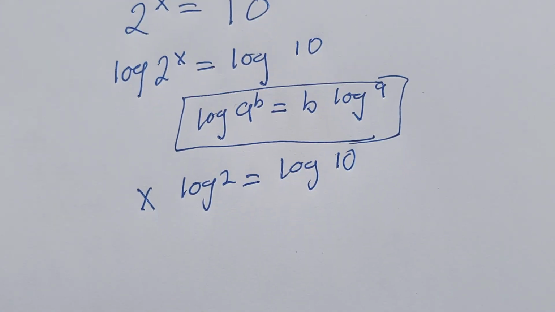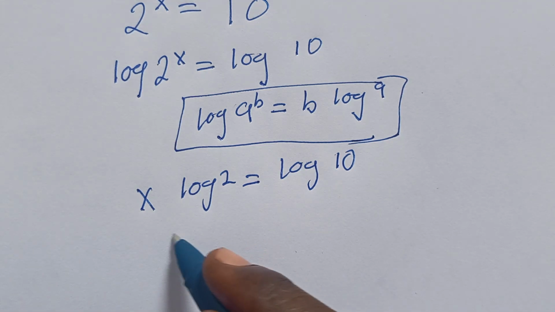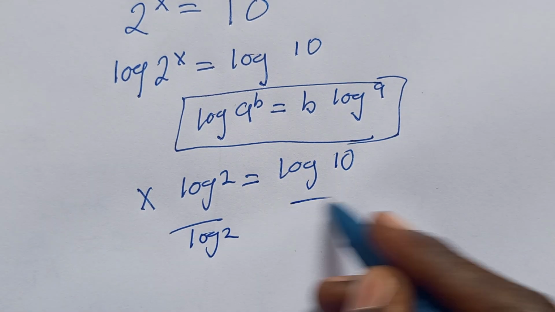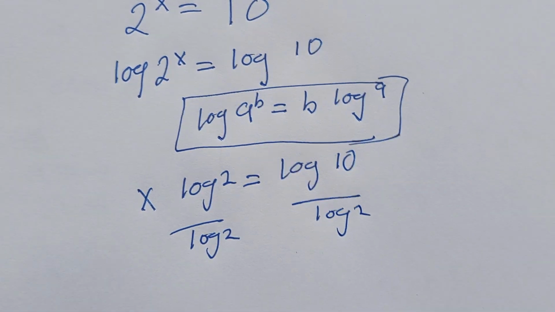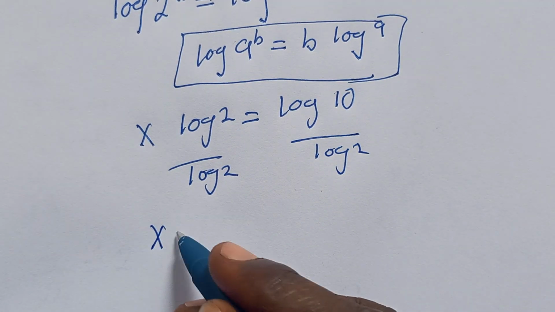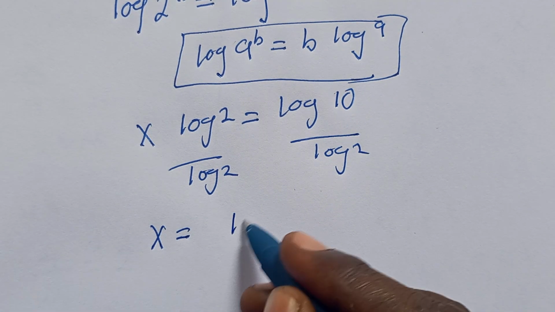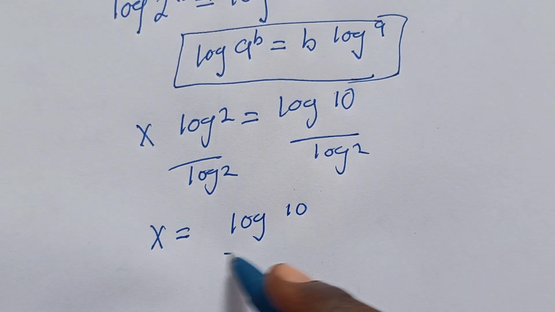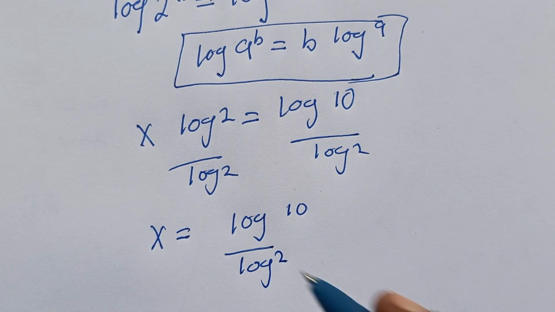So if that's what we have, we can divide both sides by log of 2. So dividing by log of 2, we now have x equal log 10 over log 2.